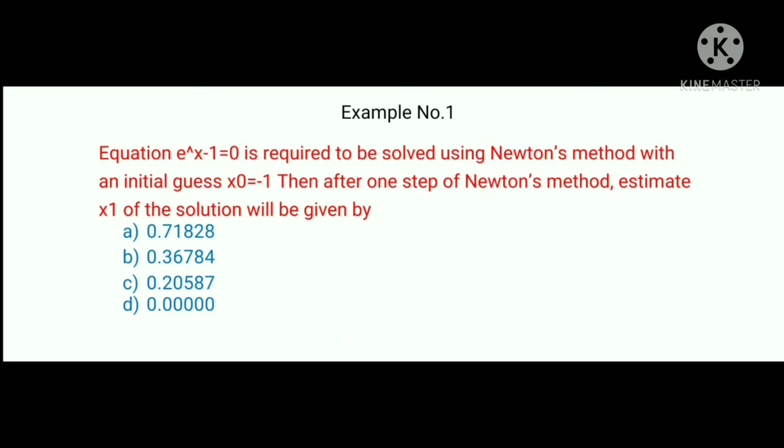In some cases you are asked to estimate the value of x2, meaning the output after the second iteration. x3 will be the output after the third iteration. So read the question carefully, otherwise you will use the method correctly but you will write the value of the wrong iteration. That will not give you the correct solution.